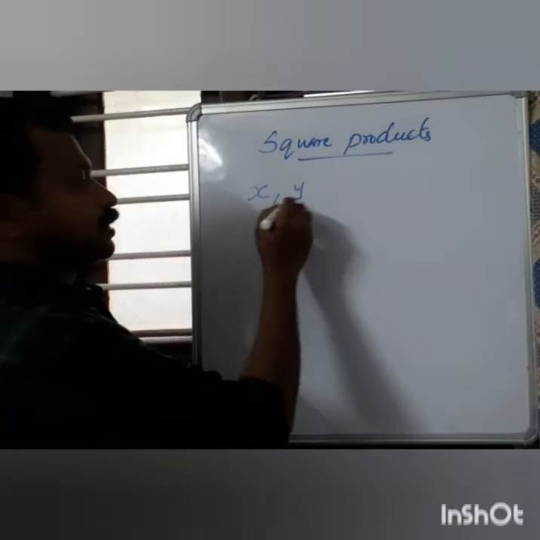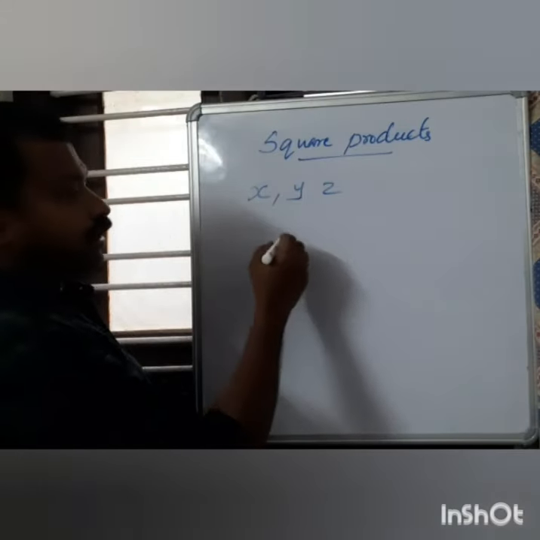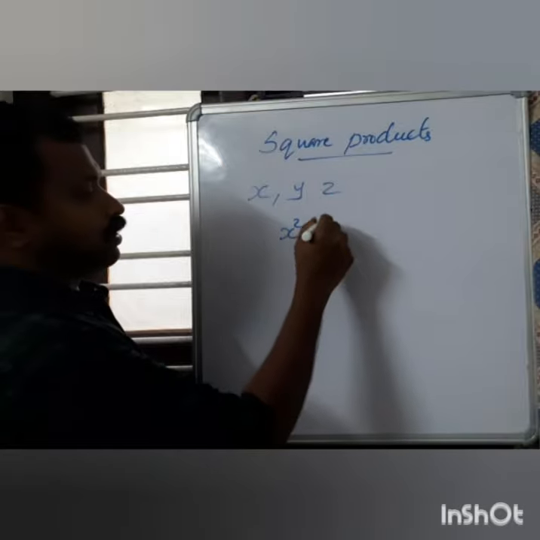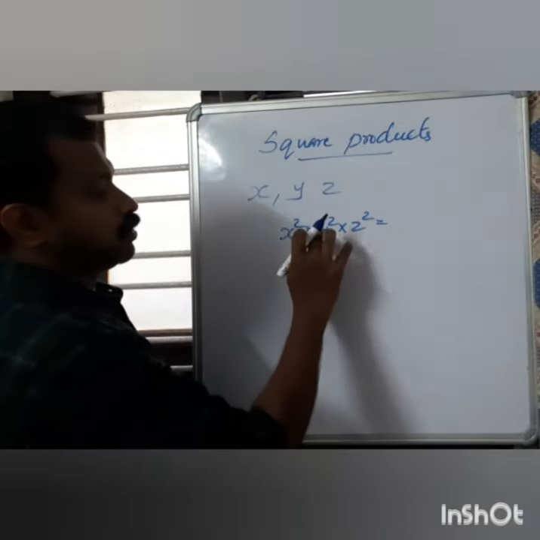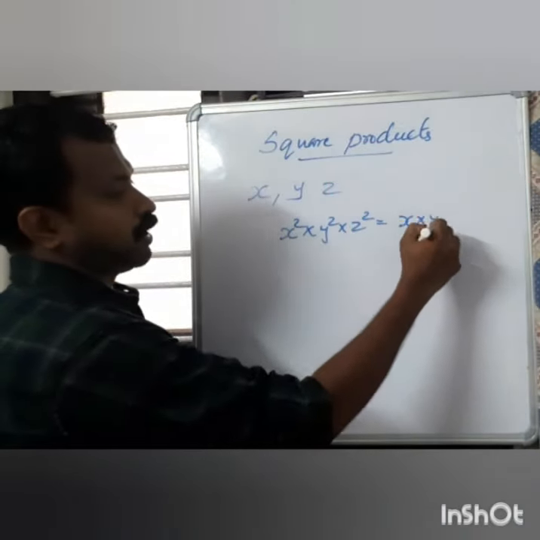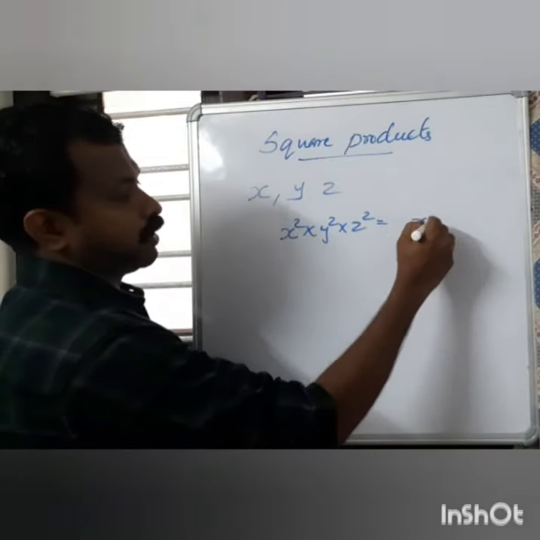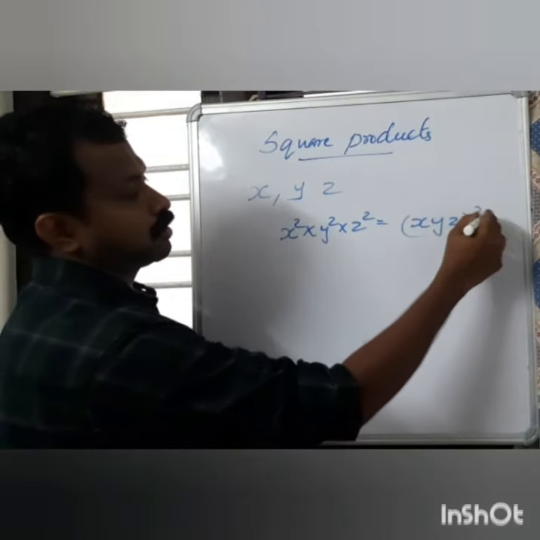If three numbers x, y and z are there, x square into y square into z square is x into y into z, whole square.